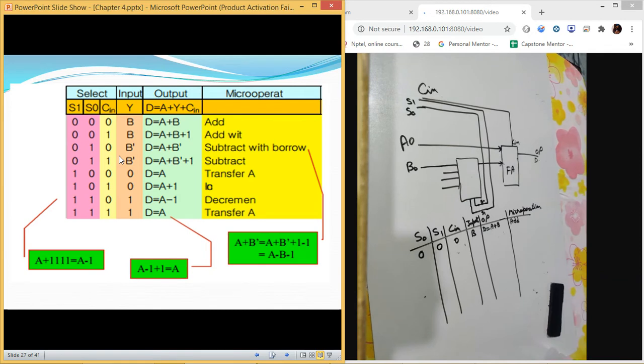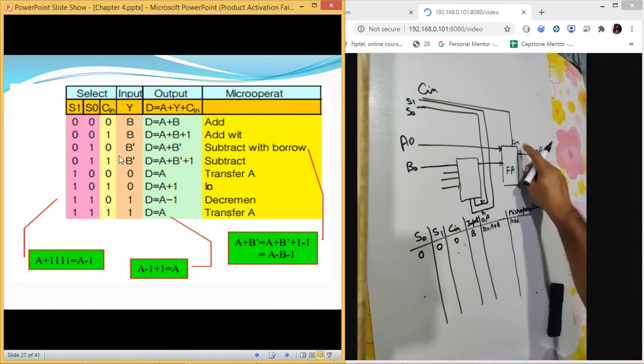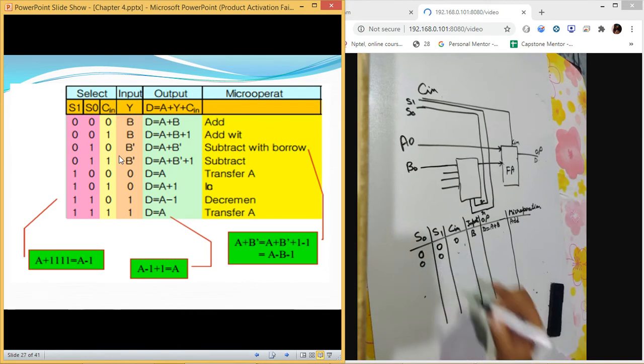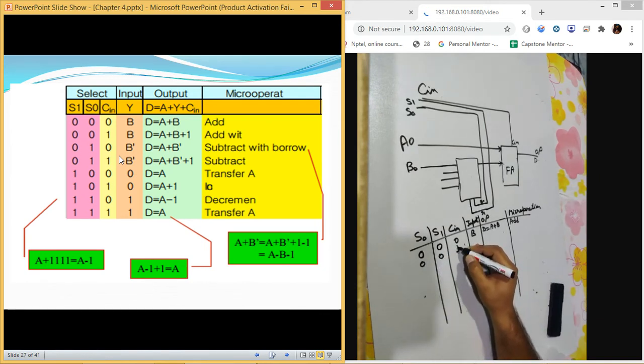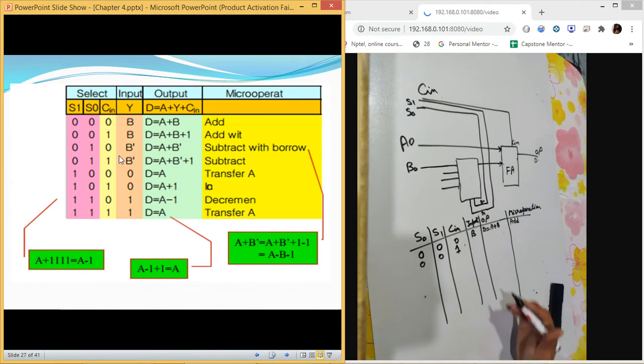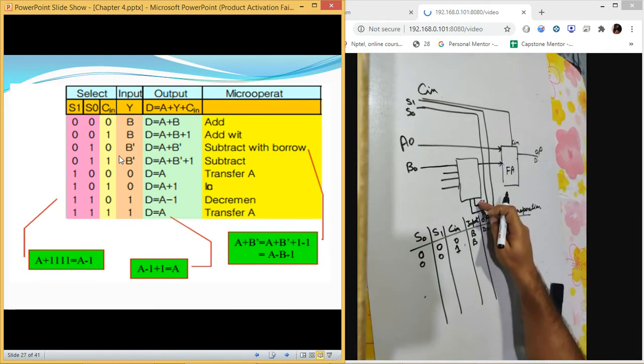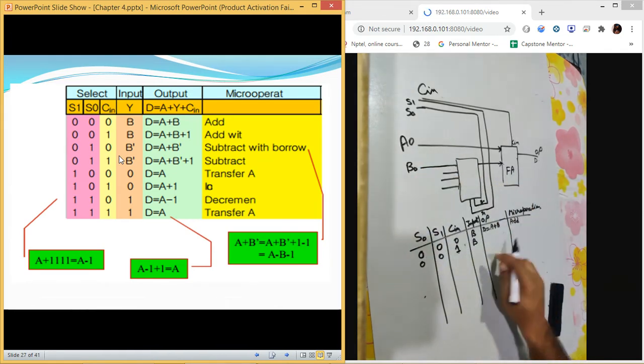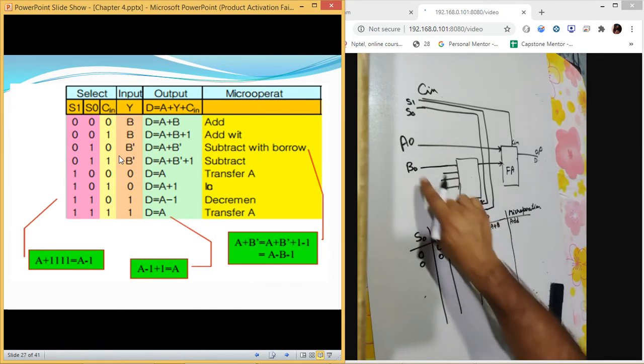Now let us move to the next value, because now we have a value of Cin. The two selection lines will remain 0 0. But if the Cin value changes, the carry value, the input will still remain B. Why? Because both selection lines are 0, it is going to select from this place only, and this value is B only.